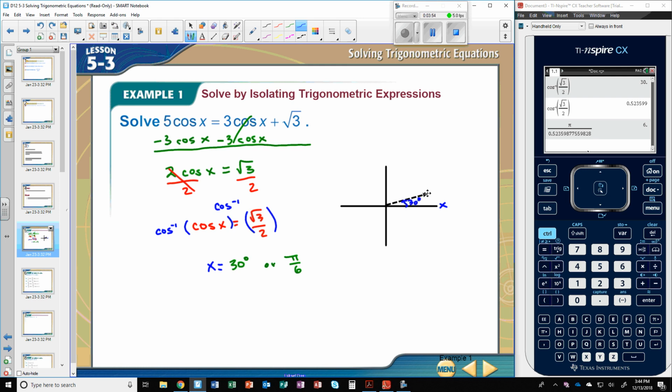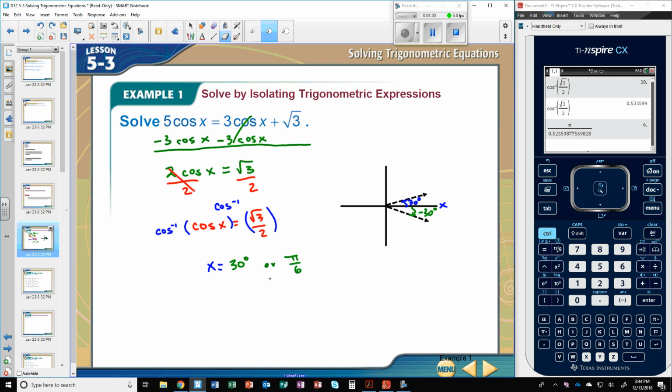Now this arrow, if this is referring to the actual point here, cosine would give us the same exact value because it's x. If it were down here, it would be the exact same thing. So at 30, we'd have a value, and at negative 30, we'd also have an answer. So both of these, x could equal this.